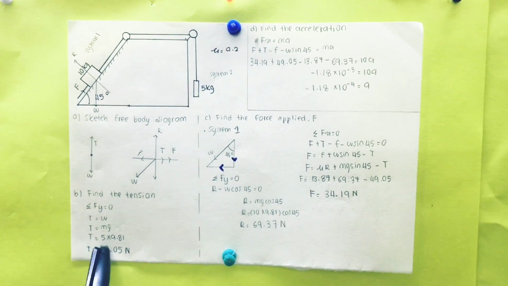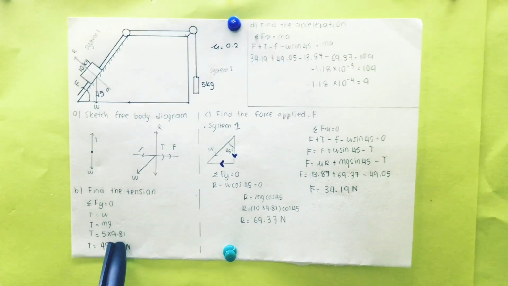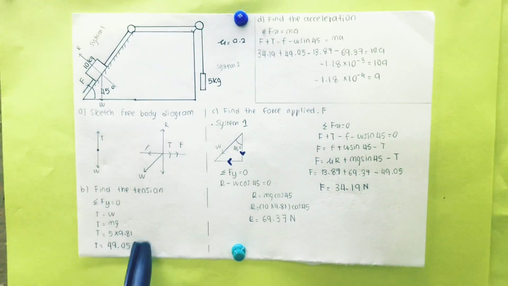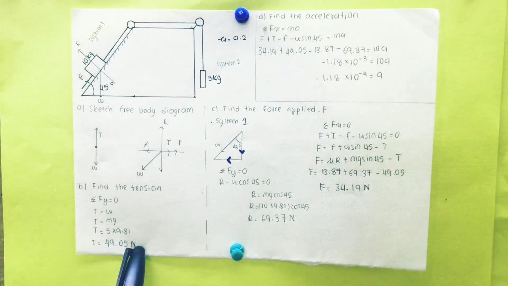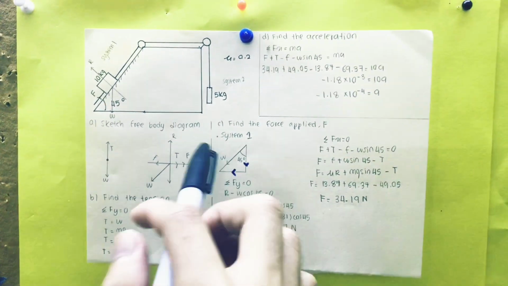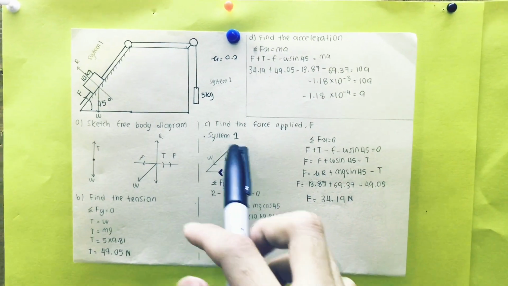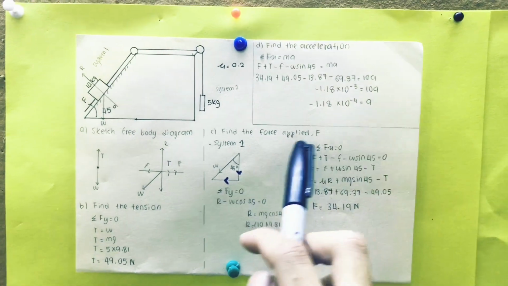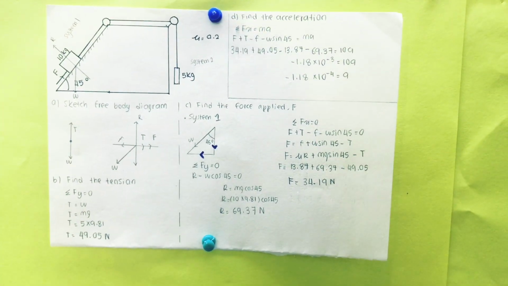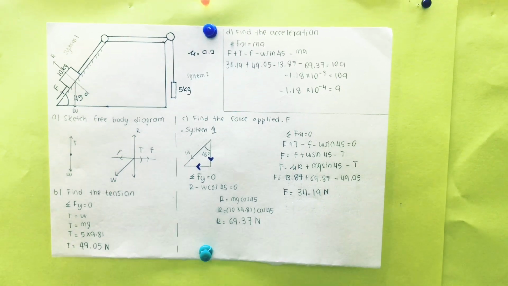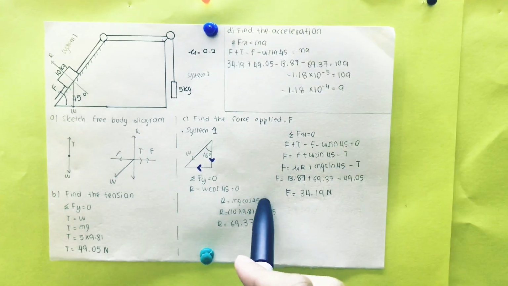So T equal to 5 times 9.81. We got the answer: tension equal to 49.05 Newton. And for part C, the question is to find the applied force F. For system 1, the summation of Fy equal to 0.